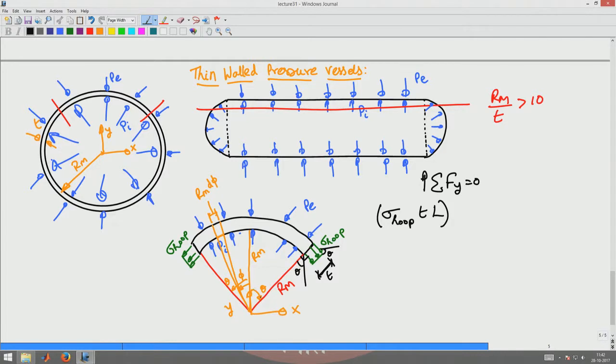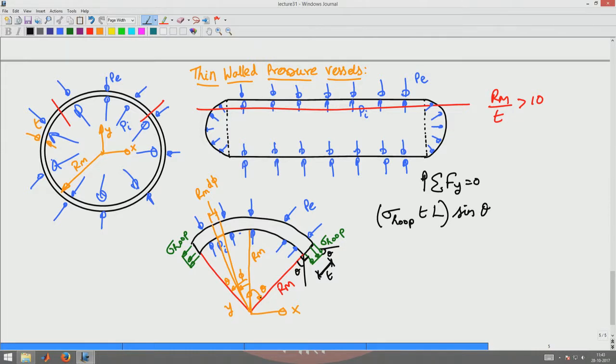I know that if this angle is theta, and the hoop stress is tangential to the cylinder cut surface, so this angle is going to be 90 degrees, and hence the hoop stress will make an angle theta with the horizontal, and hence the vertical component would be sin theta.